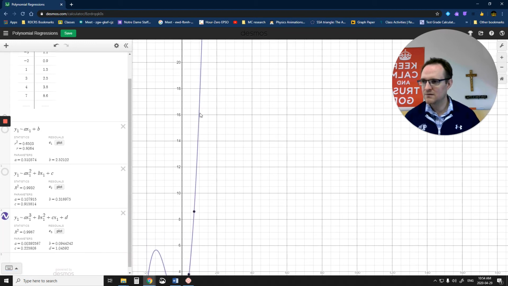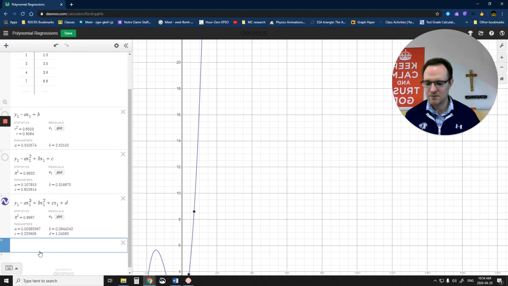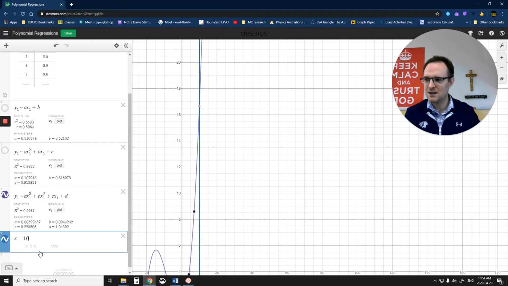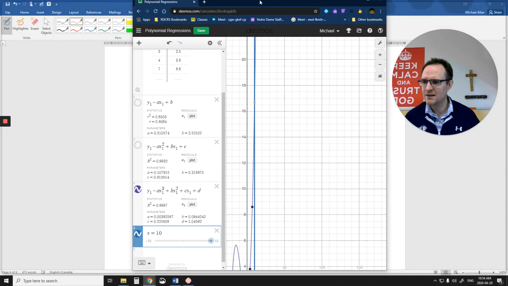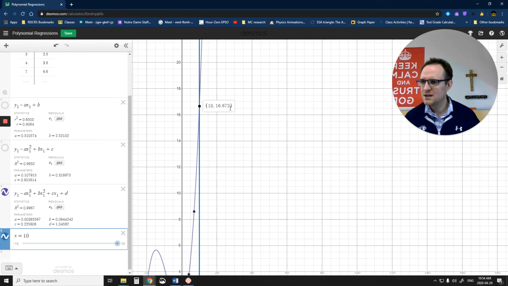Oh, just a little bit further up here. Right there. Now remember, you could also just place, I want x to be 10, so you say x is equal to 10. It puts a vertical line there for you. You can just click on the dot now. So the y value is 16.67 to the nearest tenth. So 16.7.